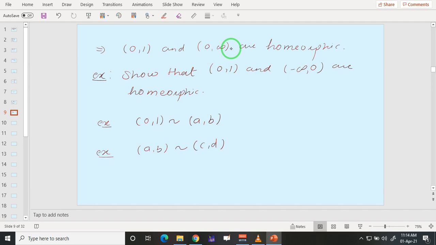Now, if you show this, then we already proved that, again, let me write this also, we can show that a b is homeomorphic to 0 infinity. Likewise, there are many. Let me state all.